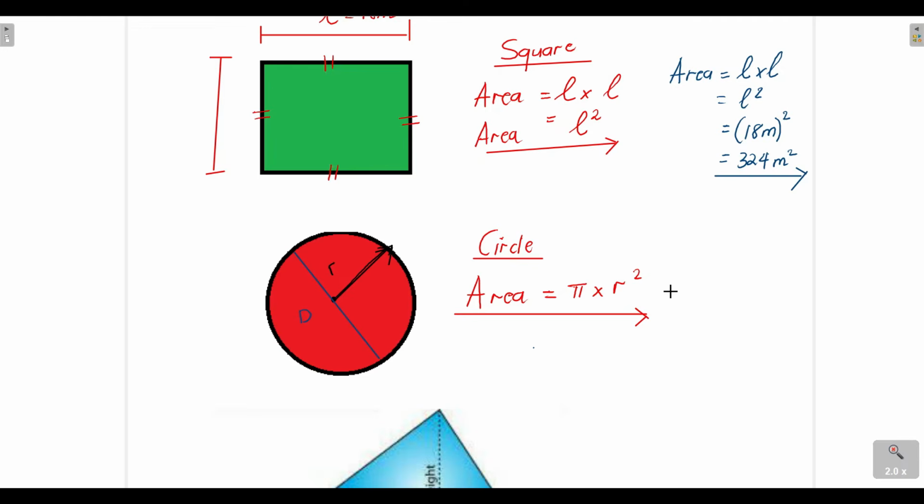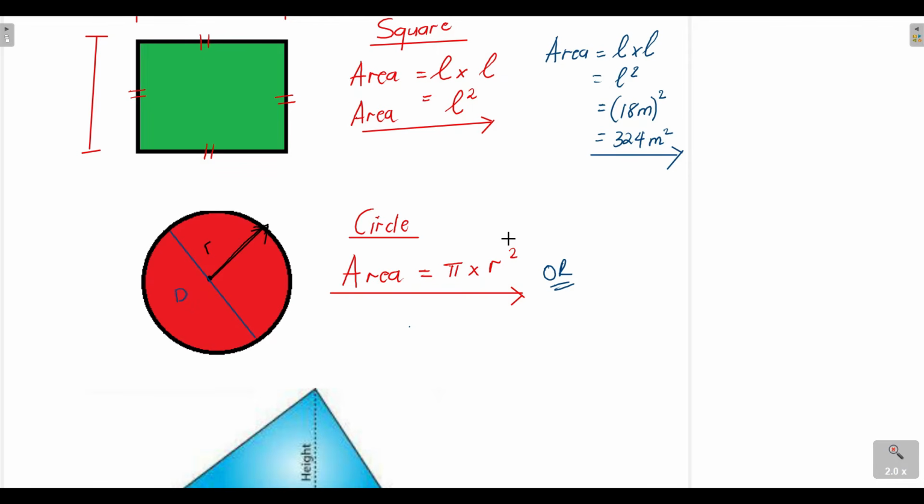We can also use this formula. We're going to use this initial equation as our starting point. How do we get the radius of a circle? We know that the radius of a circle is equal to the diameter of our circle divided by 2.